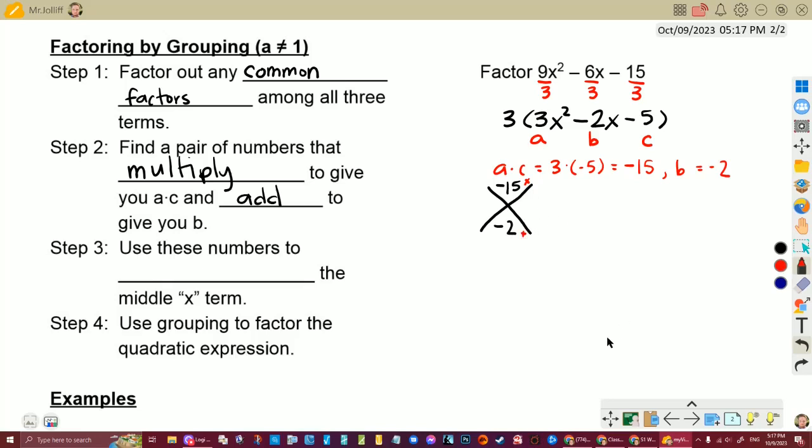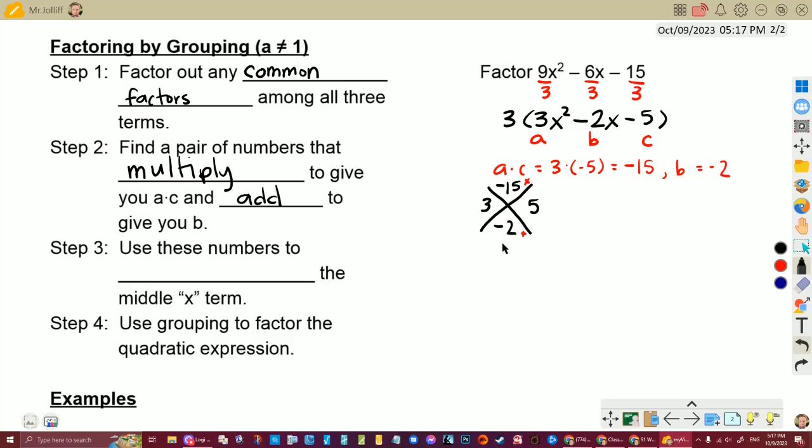15 has a limited number of factors. I know I can do 1 and 15, or I can do 3 and 5. 3 and 5 make a little bit more sense. And then I have to figure out the signs on those. I know they're opposite because a times c is negative.